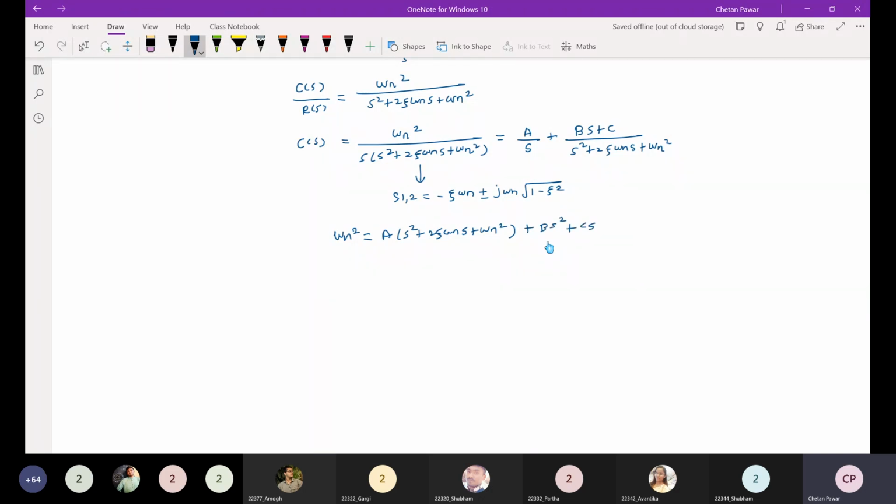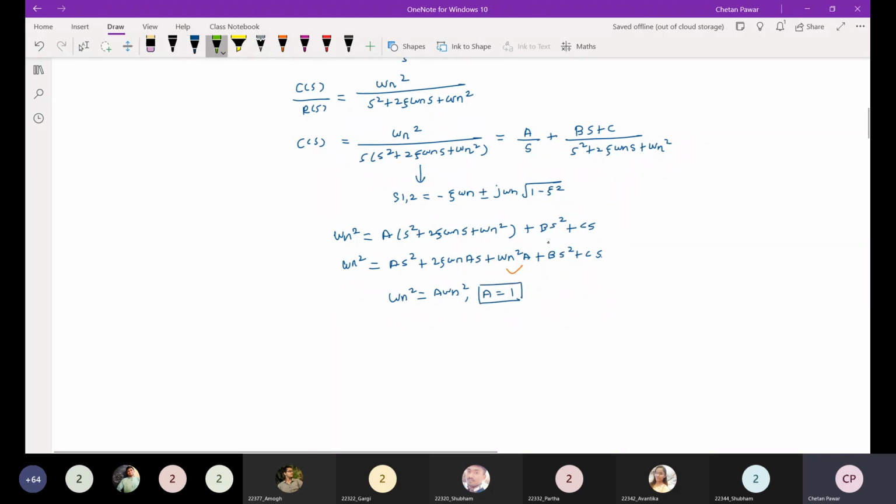Then, comparing the zero order terms, omega n square is equal to A omega n square, so A will be 1.